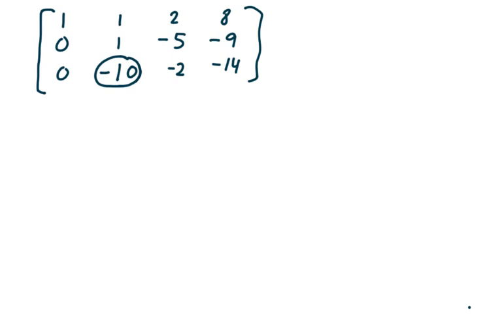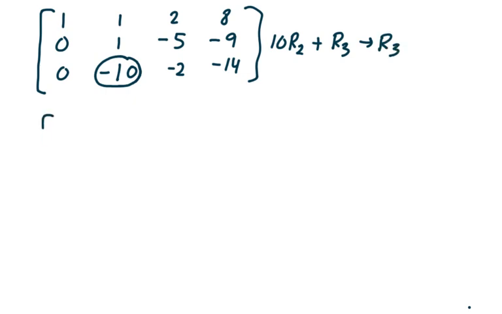So how do I do that? This is how row echelon form works. I'm going to take 10 times row 2, add it to row 3, and put the result back into row 3.